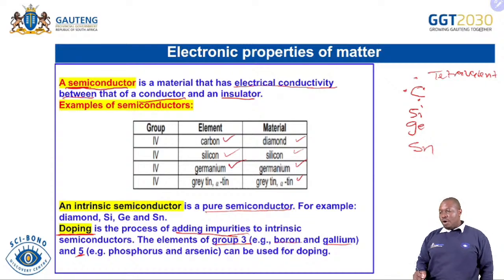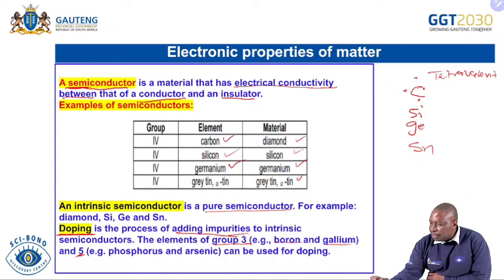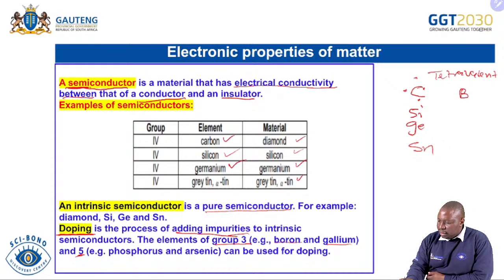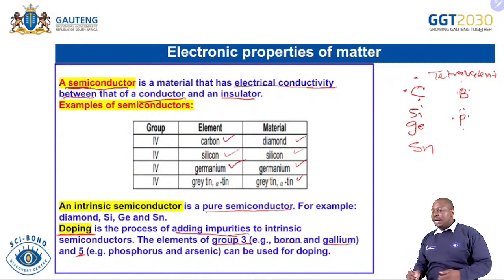So we have those 4, and we're going to bring impurities. Our impurities will be the trivalent boron and the group 3. We say trivalent, they have 3 electrons in the outermost energy level. I will explain. And then we're going to bring the pentavalent, which is our phosphorus. Phosphorus has 5 electrons in the outermost level.